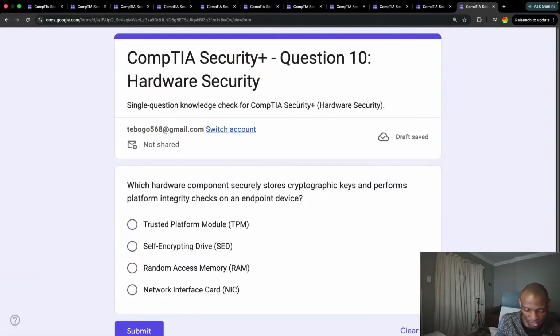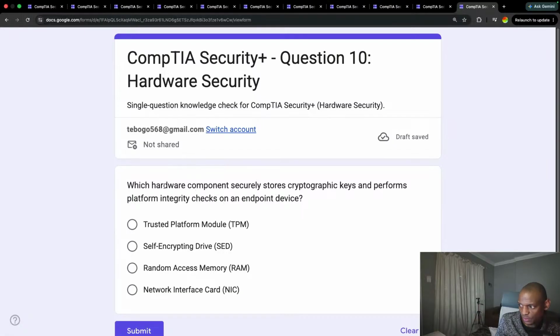Let's see if you guys can get this question. Question 10. Which hardware component securely stores cryptographic keys and performs platform integrity checks on an endpoint device?